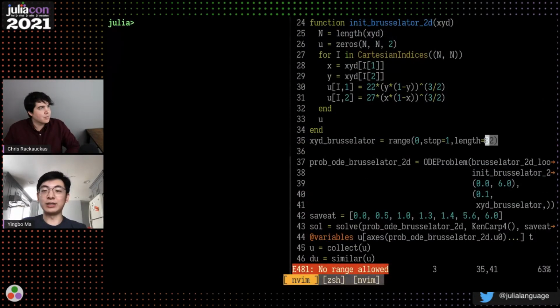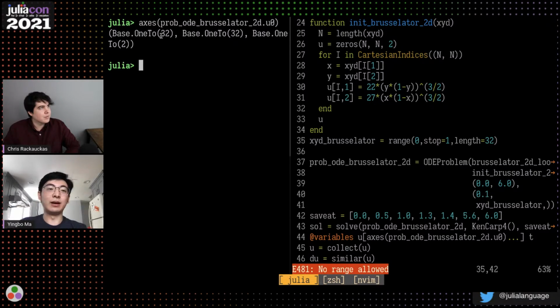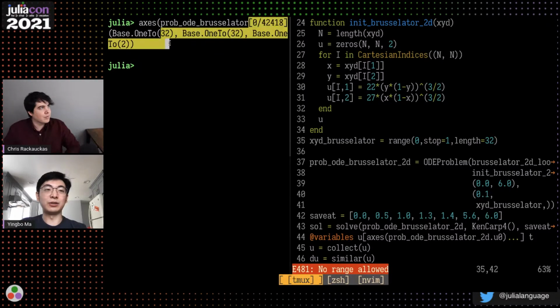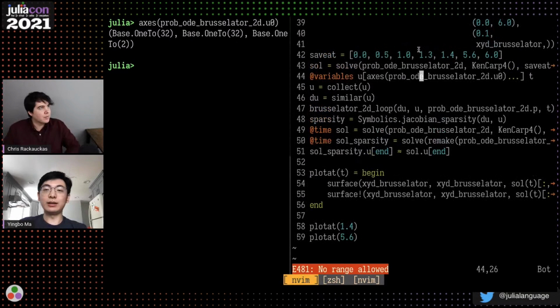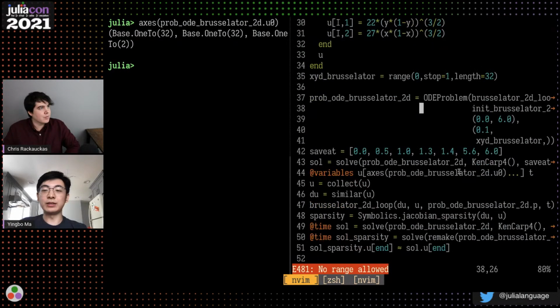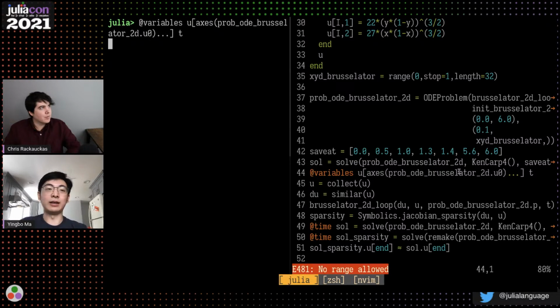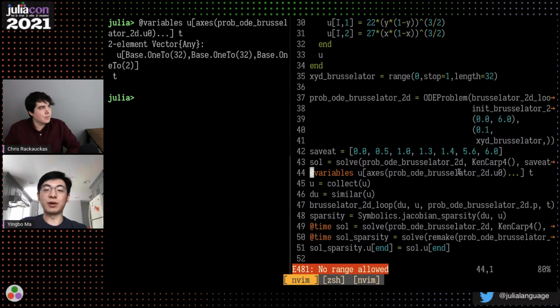And our discretization size is 32. So this array is 32 by 32 by 2, right? And then this whole PDE is also time dependent, so we also need to instantiate a symbolic time variable.